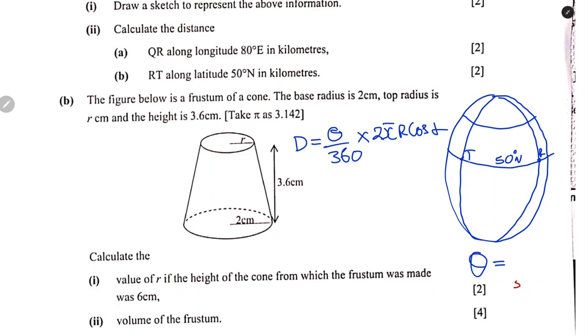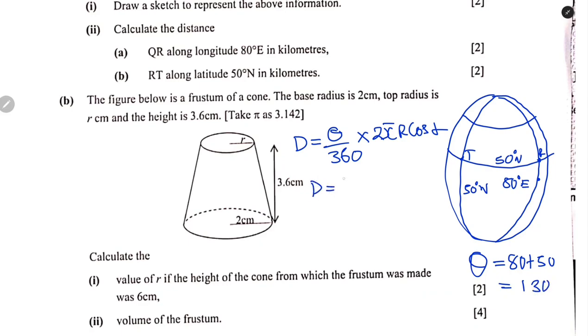So this one is on the longitude 50 degree west, and this one is on the longitude 80 degree east. If they are on the same side, let's say it was west-west, you are going to subtract. If it was east-east, you are going to subtract. But since they are west-east, you are going to add. So 50 plus 80, our theta is therefore 130.